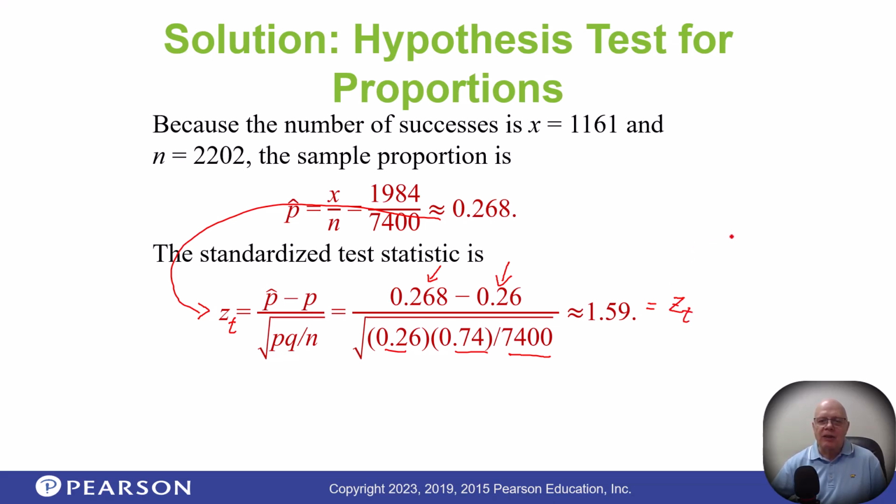Now remember the critical values were 1.645 on this side and negative 1.645 on that side. Where is 1.59? Well, it's here, but it's not in the rejection region. So we're not going to reject the null hypothesis.